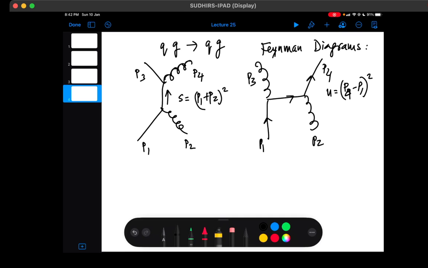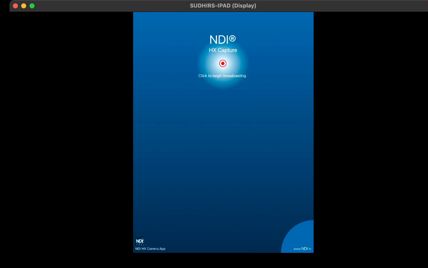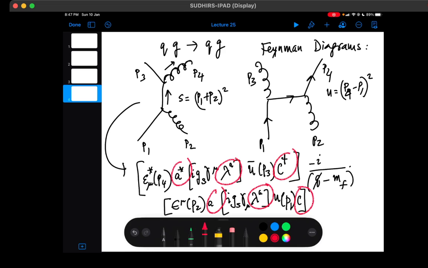These factors make all the difference in the computation of the amplitude compared to QED. These factors form the color factor.